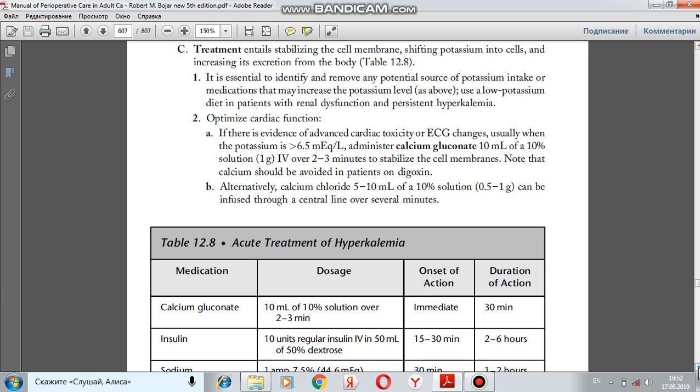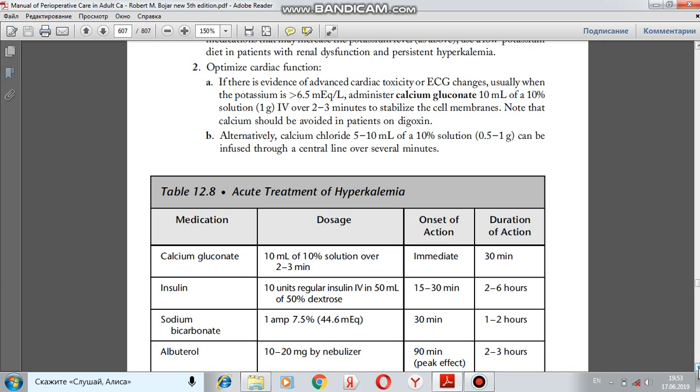If there is evidence of advanced cardiac toxicity or ECG change, usually when the potassium is more than 6.5 milliequivalents per liter, administer calcium gluconate 10 milliliters of a 10% solution IV over 2-3 minutes to stabilize the cell membranes. Note that calcium should be avoided in patients on digoxin.